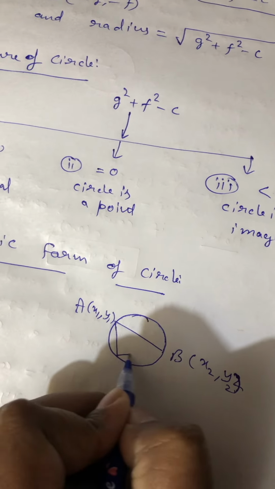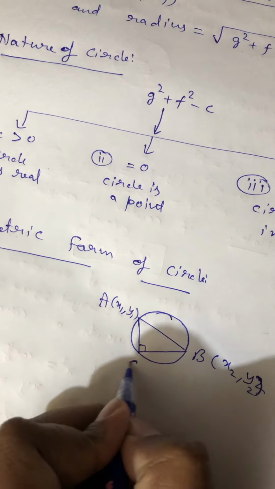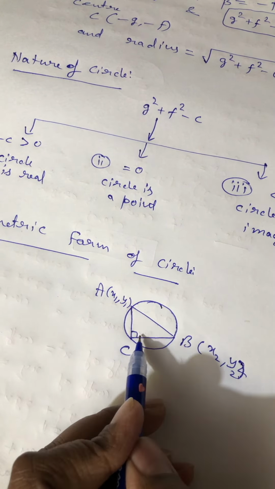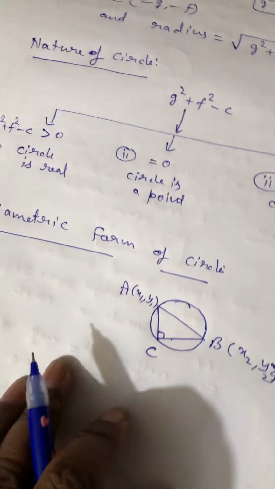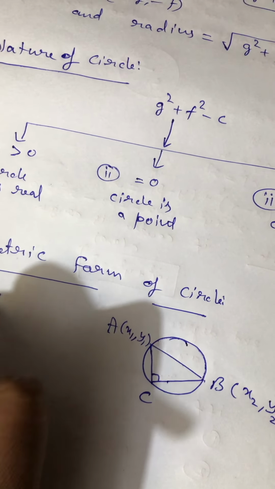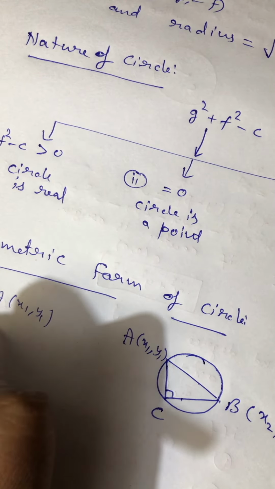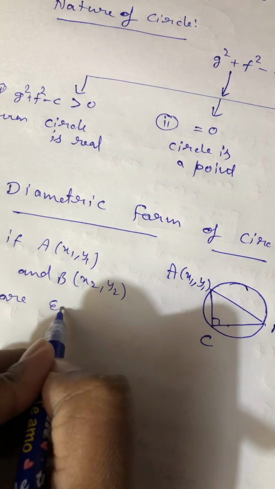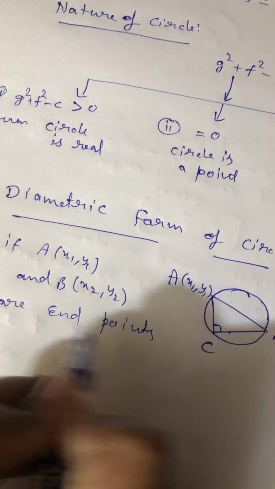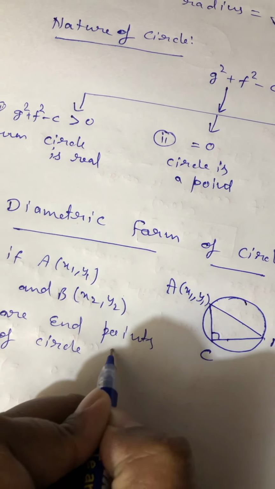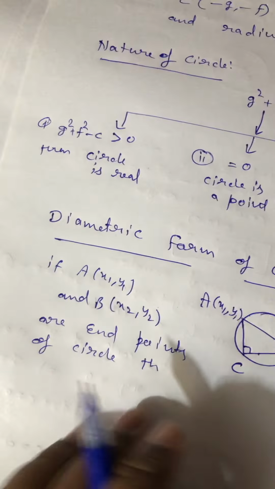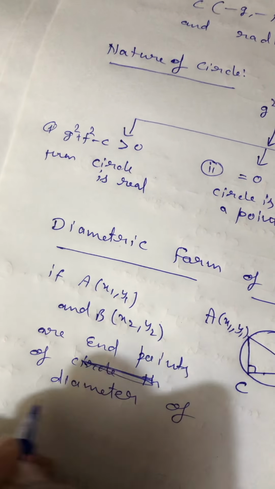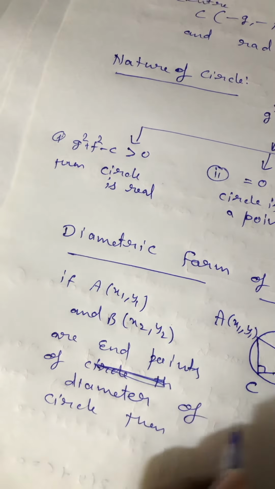Then by property we know that if we join point C with the end points of the diameter, then AC and BC will be at right angle, if A and B are the end points of the diameter of the circle.